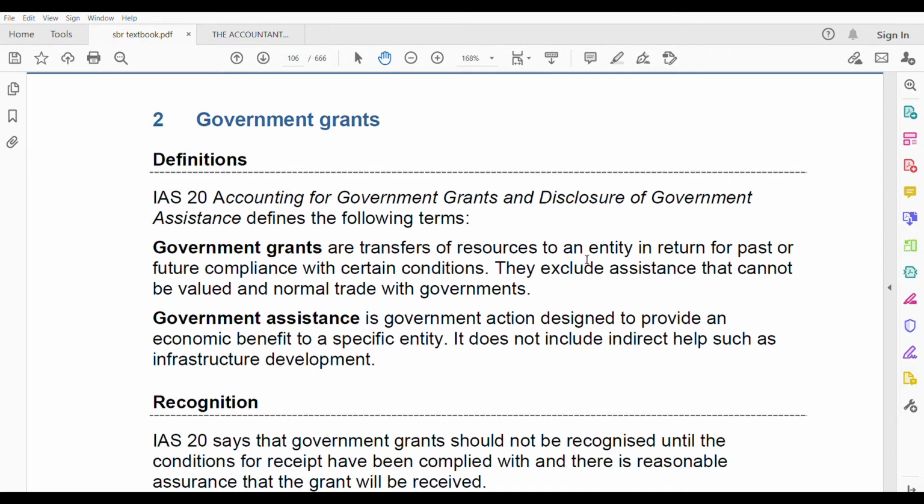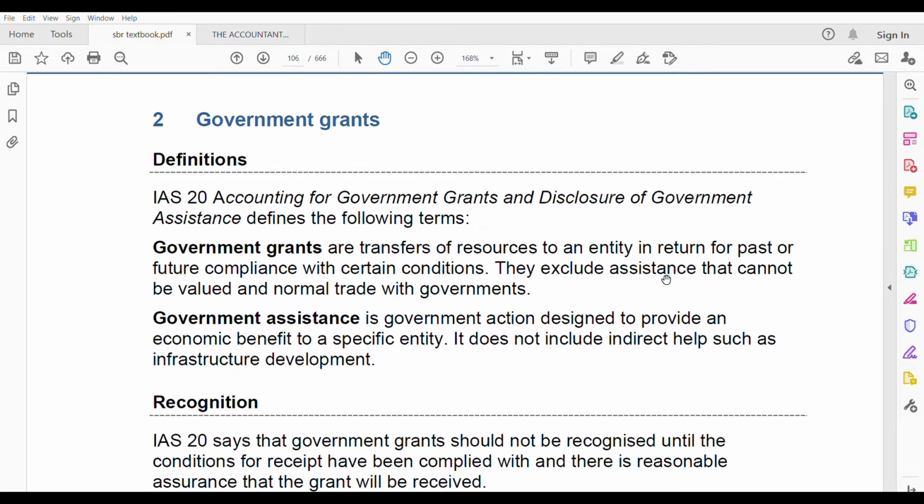Government grants are transfers of resources to an entity. The entity is the one receiving resources from the government in return for past or future compliance with certain conditions. Maybe in the past, the entity might have complied with certain conditions, or maybe in the future they are going to do that, right?